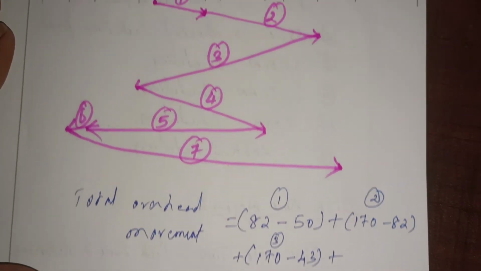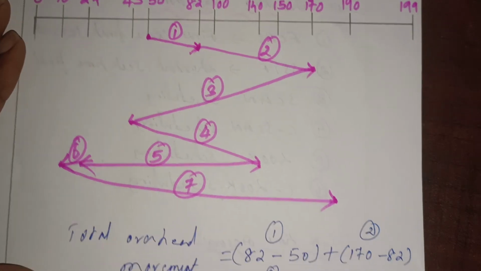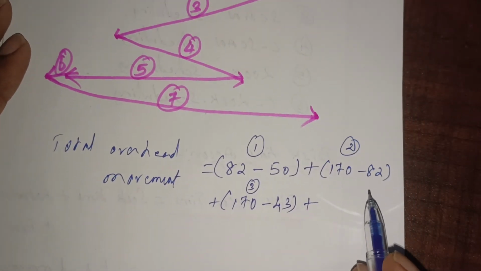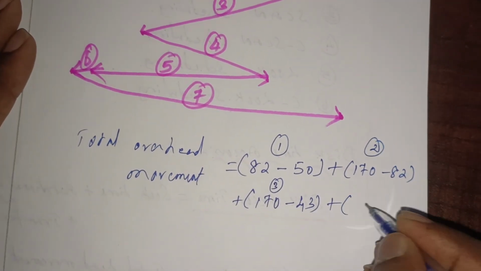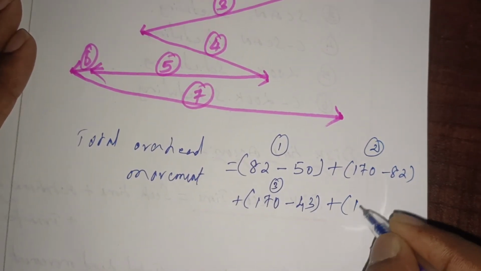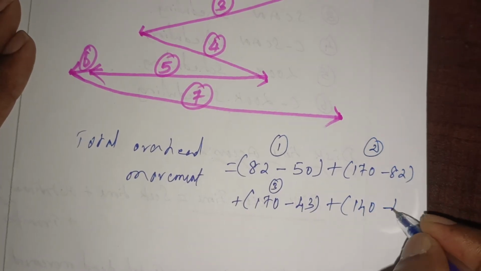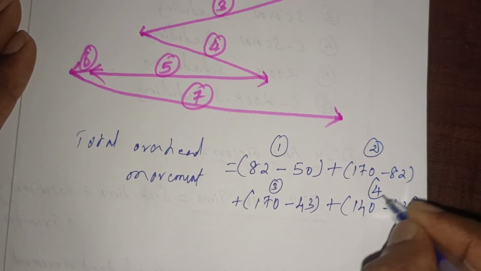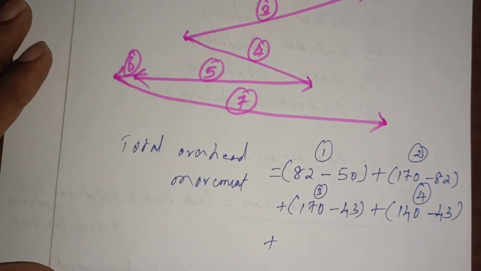Okay, so what is the fourth head movement? You have 43 and 140. So 140 is the highest number, so I am going to take that. So here it is, you can check it, that is 140 minus 43. So this is the fourth head movement, right? And then plus, what is the fifth head movement?